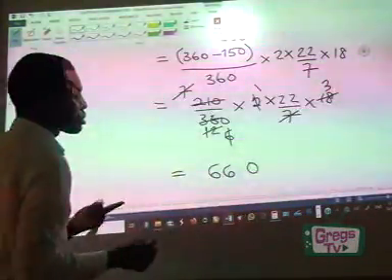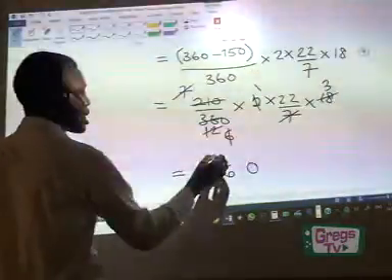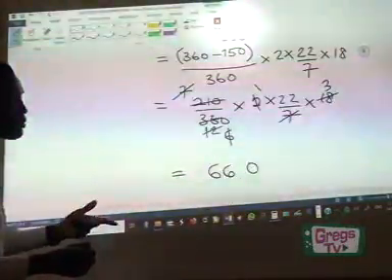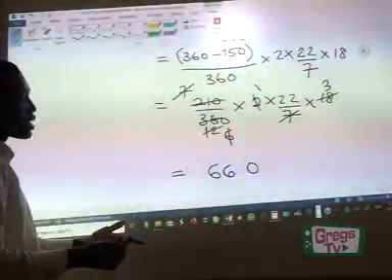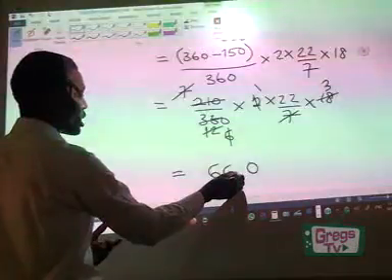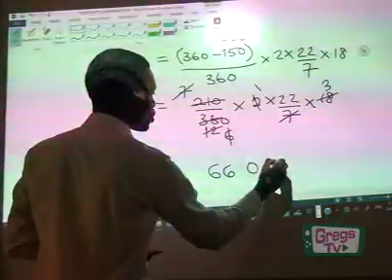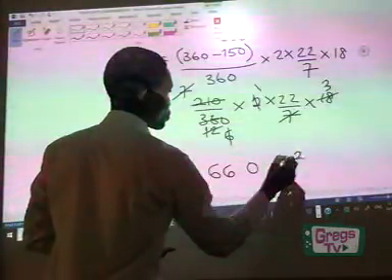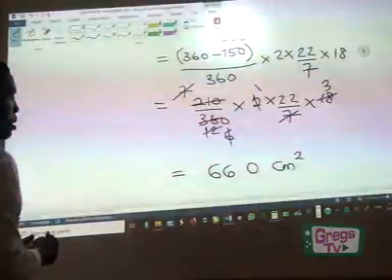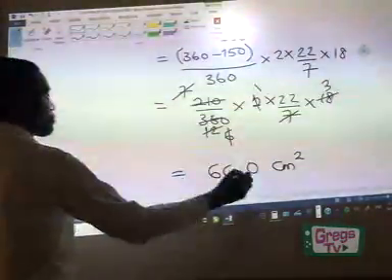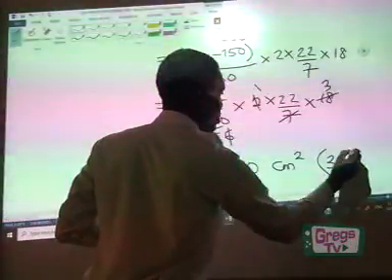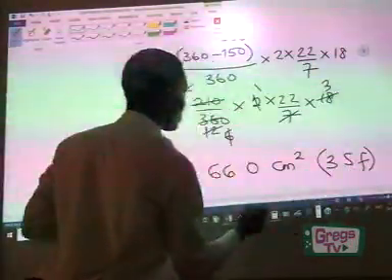Since it is in 3 significant figures, if you write 66, that is 2 significant figures. And because there are no other values, all we have to do here is to put 0.0. Then this will now be centimeters squared, so that it will be in 3 significant figures.